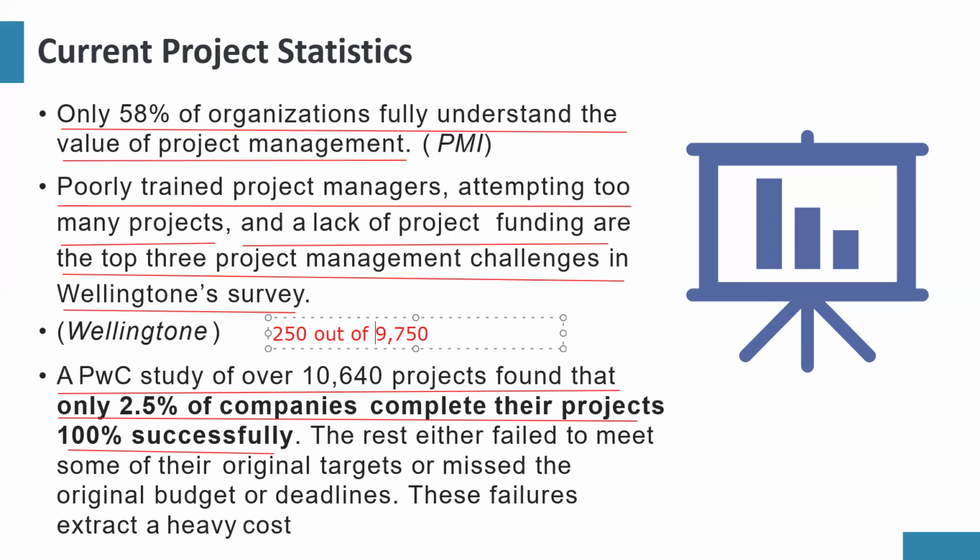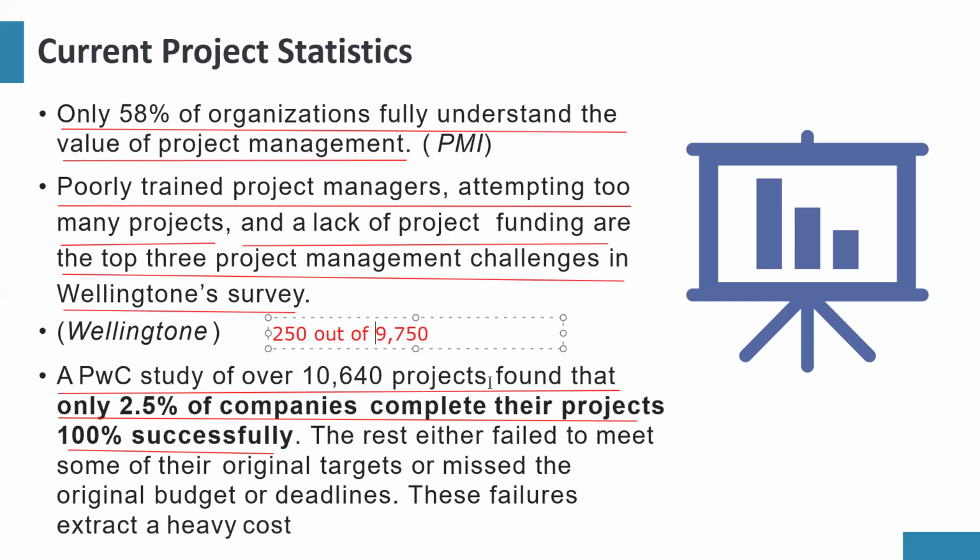That's one way of saying that a project is successful. There are other parameters, but that's one of the primary ways, that we meet scope, time, and cost. So only 250 companies out of 10,000 do this. So you can see the math is very low. So the question is, what happens to the remaining 9,750 companies?